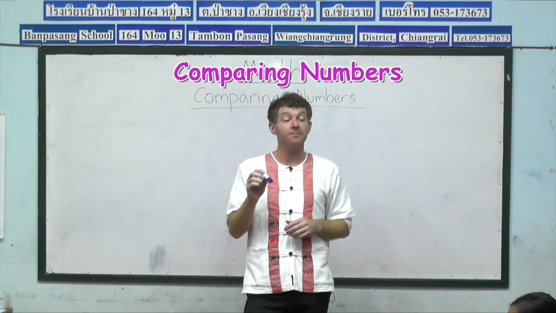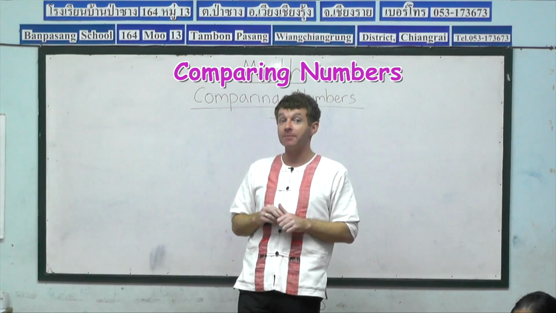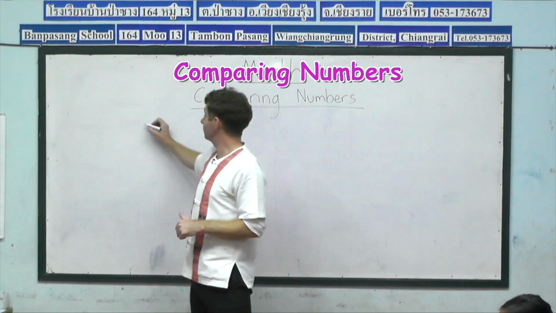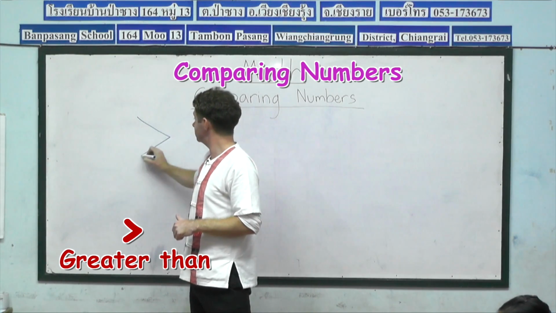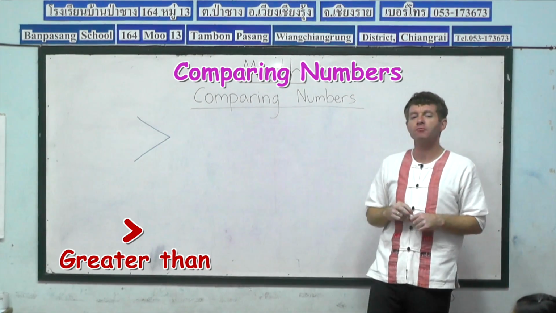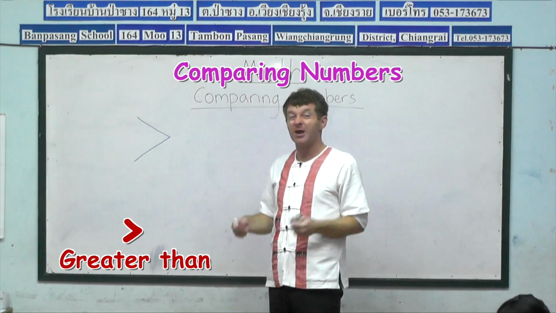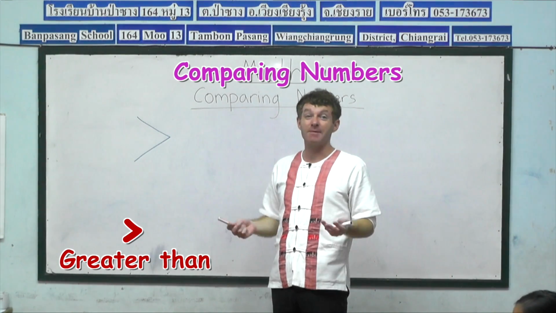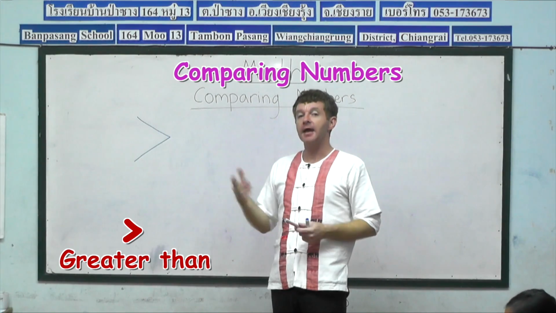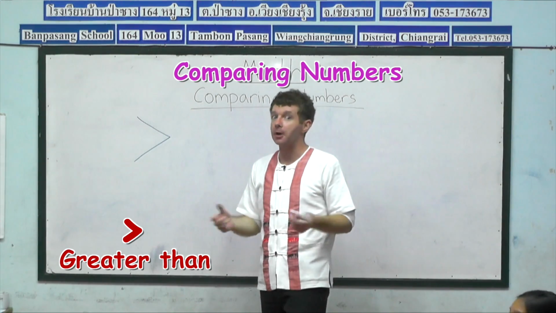So remember, in the previous lesson, we learned about a few different types of symbols. The first symbol we used looked like this. Does anybody remember what that symbol represents? Greater than. Excellent. Greater than is a fancy term for bigger. In maths, we say greater than, but it basically means bigger.